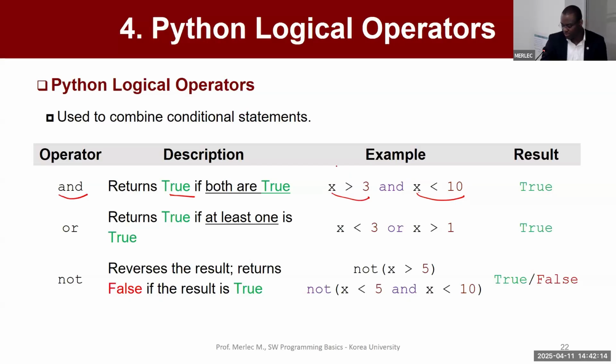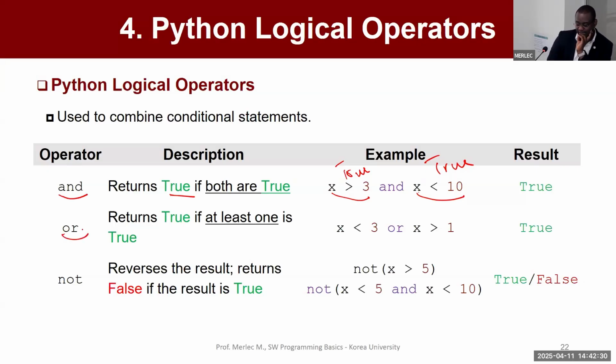So if this one is true and that one is true, the result will be true. If one of those expressions is false, the result will also be false.